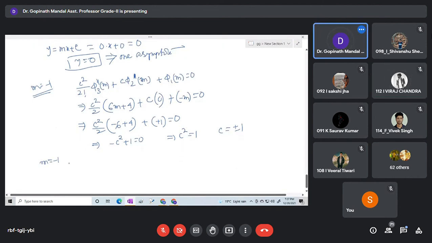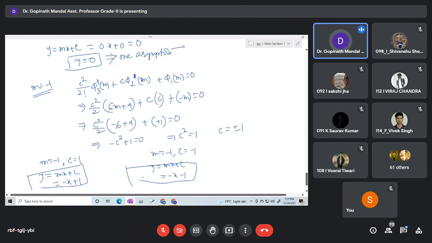So if m equal to minus 1, c equal to 1, and m equal to minus 1, c is equal to minus 1. So in that case y equal to mx plus c is the asymptote. So this is y equal to minus x plus 1, and y equal to minus x minus 1. So these are the asymptotes of the given equation.